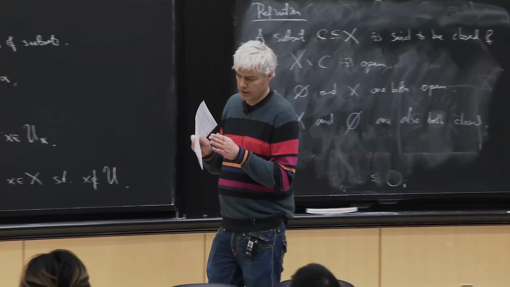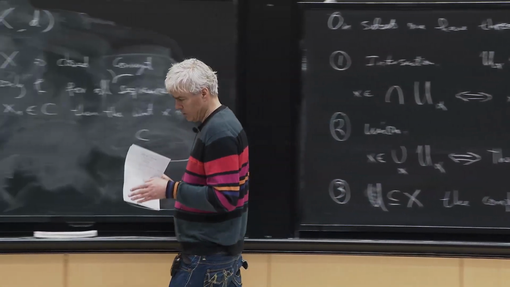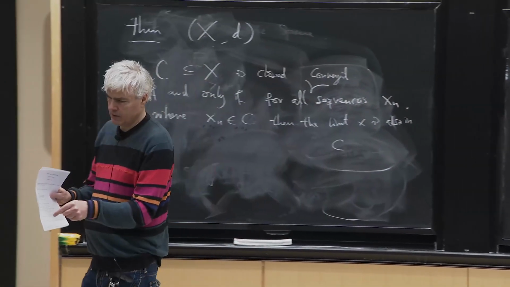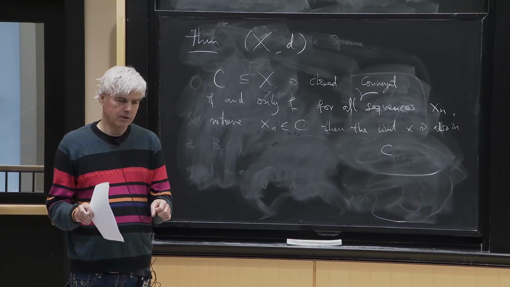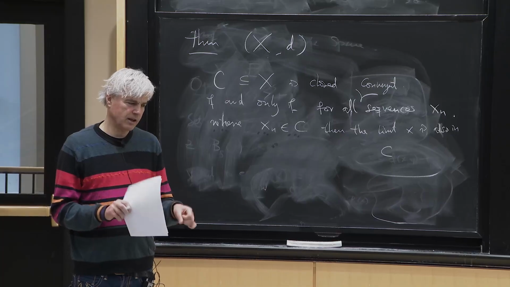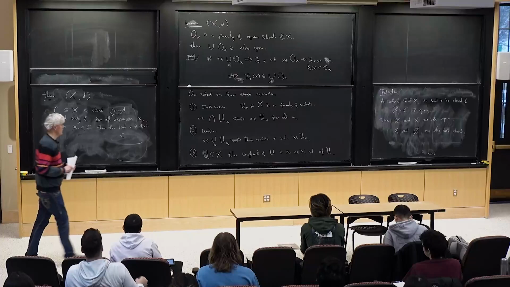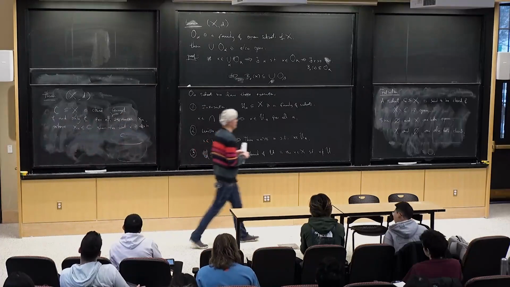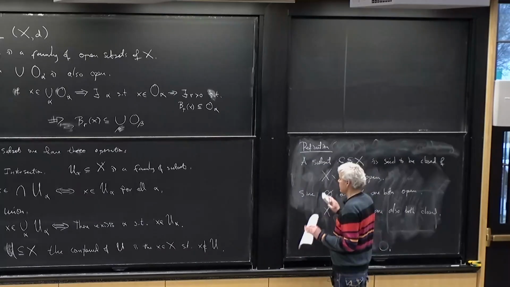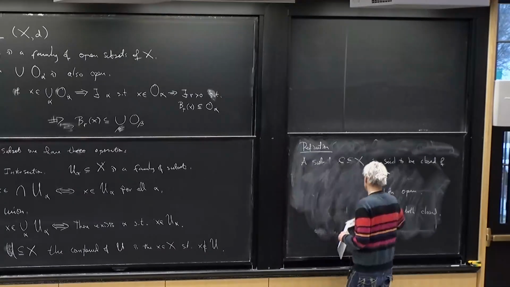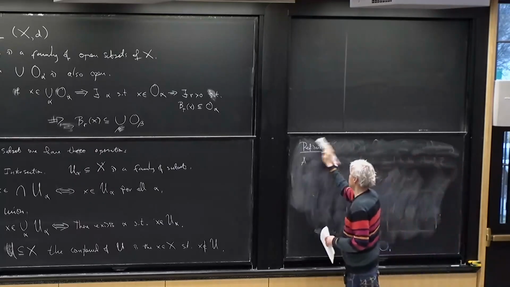Instead of proving that a complement is open, you could just prove that whenever you have a sequence in that set, the limit is also in that set. If that's the case for all sequences, then the set is closed. And so let's try to prove that. In practice this would be totally useless, but it is useful for proving things.